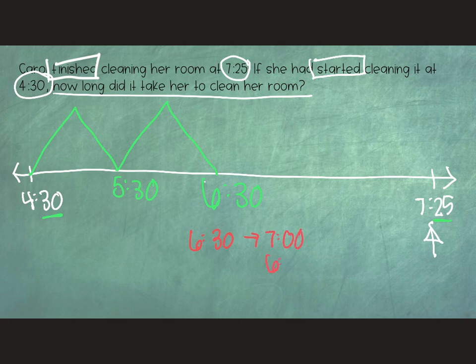Or we can think 6:60 to make it easier. So I have to jump 30 minutes there to get me to 7. And now I need to jump 25 more minutes to get me from 7 to 7:25.